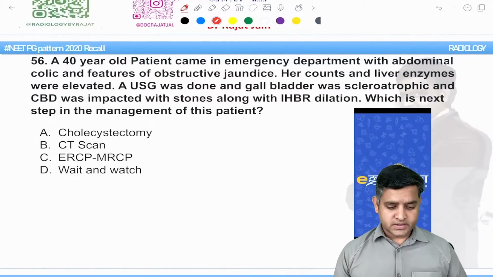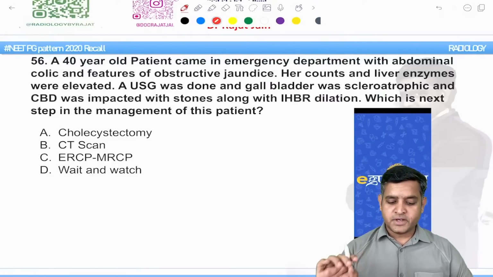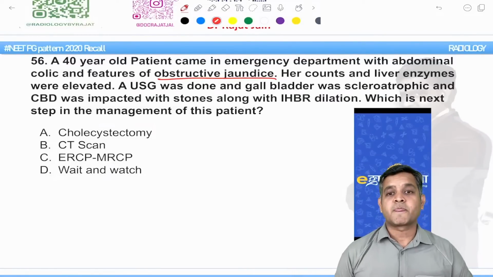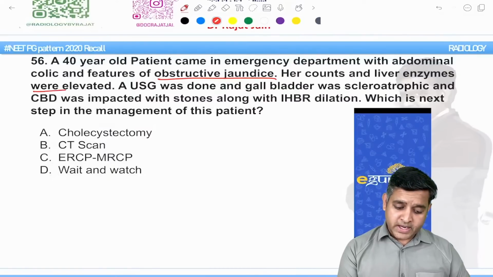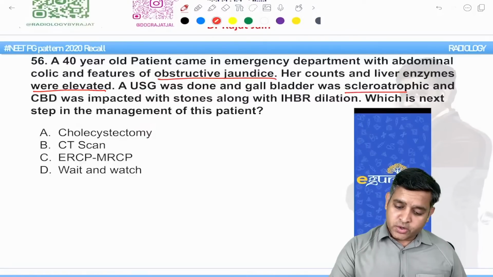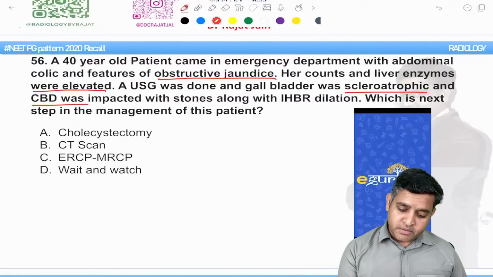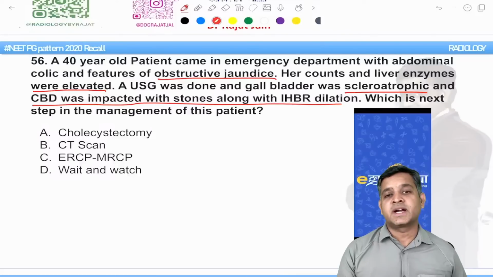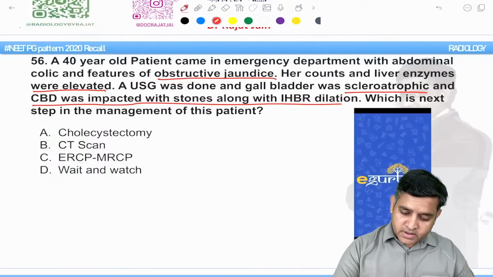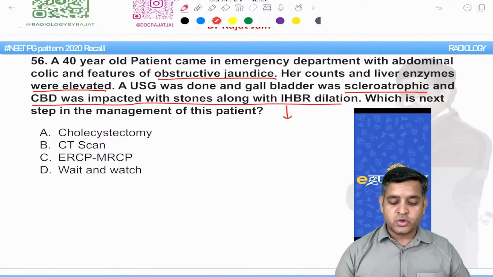Question number 56. A 40-year-old patient came to the emergency department with abdominal colic and features of obstructive jaundice. Her counts and liver enzymes were elevated. A USG was done and the gallbladder was scleroatrophic and the CBD was impacted with stone along with IHBR dilatation. That means they have tried to tell you that there is a choledocholithiasis.